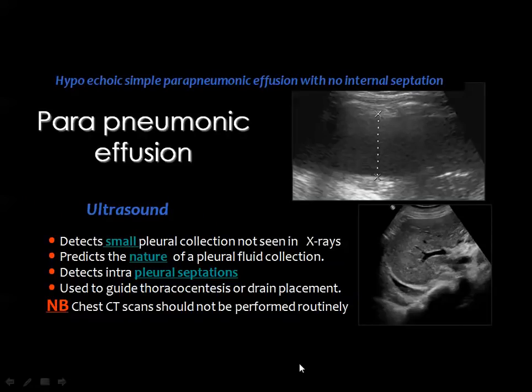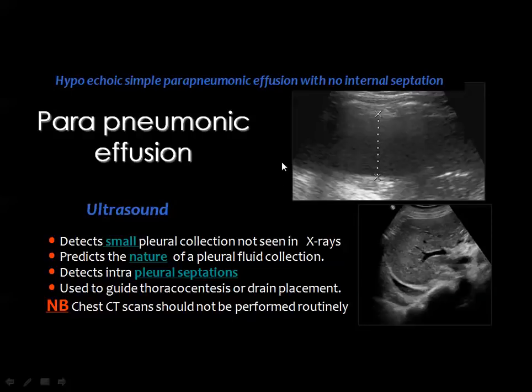But after the introduction of ultrasound as a major tool in thoracic imaging, it has replaced most of, let's say, the CT scans which were done for diagnosis of complications secondary to pneumonia.